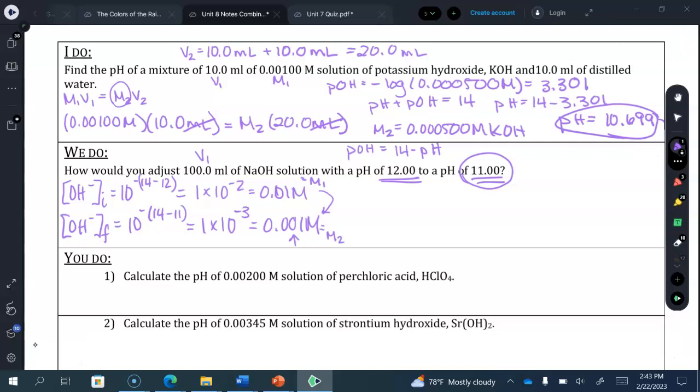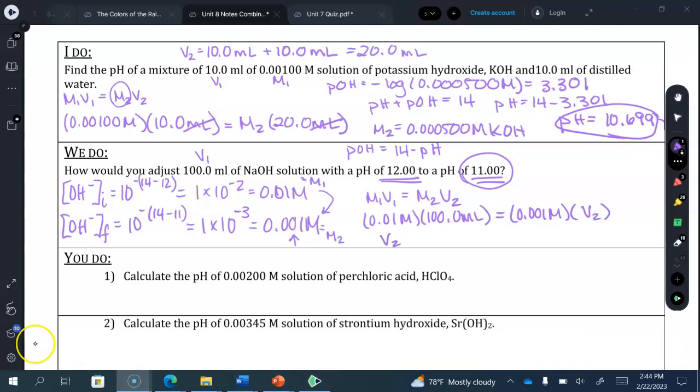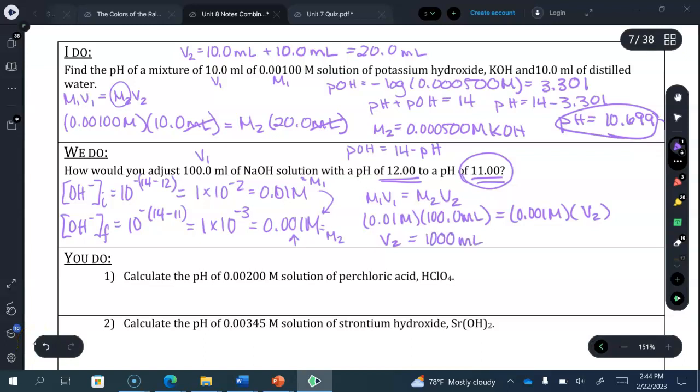Okay, so M1V1 is equal to M2V2. So if we substitute in for the values we know and solve for V2, you should end up with 1,000 milliliters, or 1 liter.